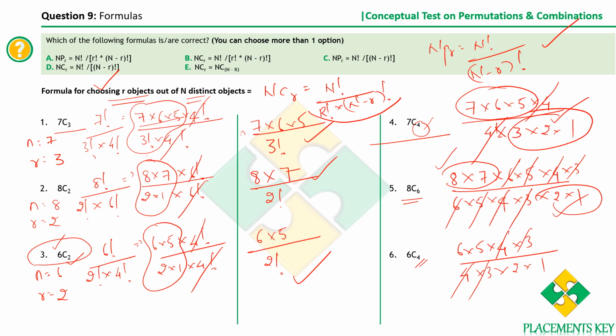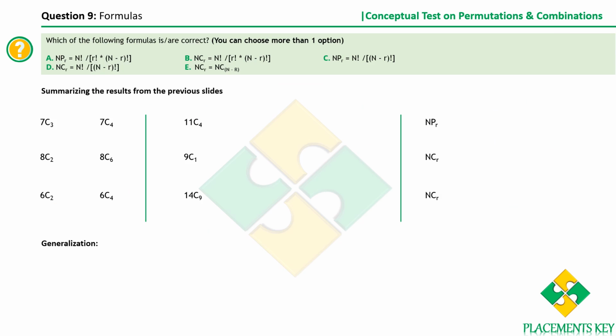Now similarly 6C2, we have 6 into 5 by 2 into 1, and here also we have 6 into 5 by 2 into 1. Let me explain more about this in the next slide. Yeah, we've got 7C3 the same as 7C4, and similarly on simplifying these two are the same and these two are also the same. Now let's try to understand why these things are working.